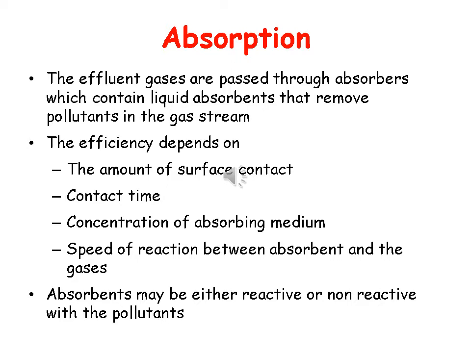The last one is speed of reaction between the absorbent and the gases. Mainly water is the most commonly used absorbent liquid. So in this absorption process, the gaseous pollutant is dissolved in a liquid.